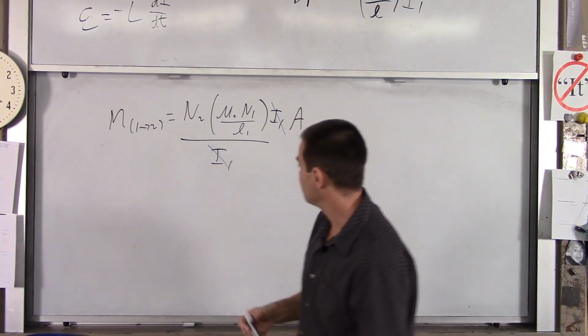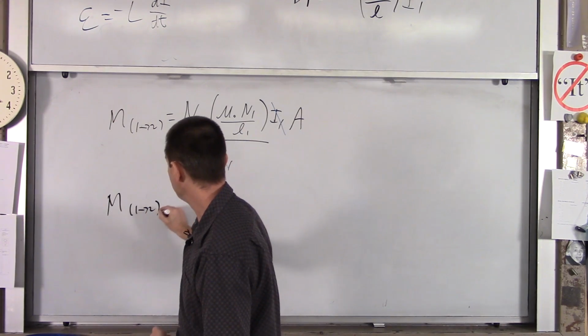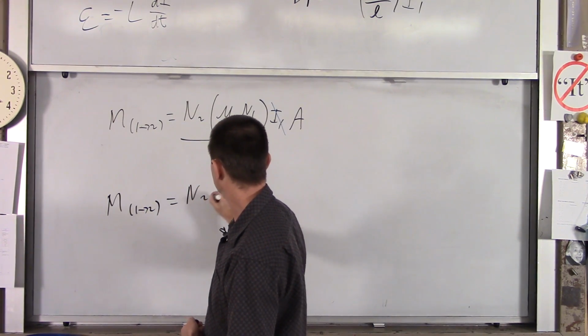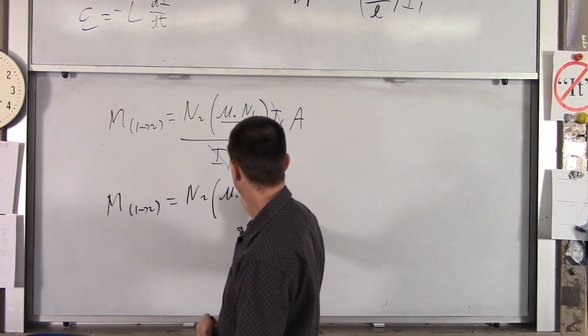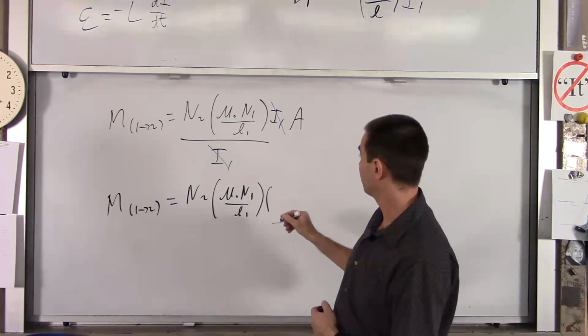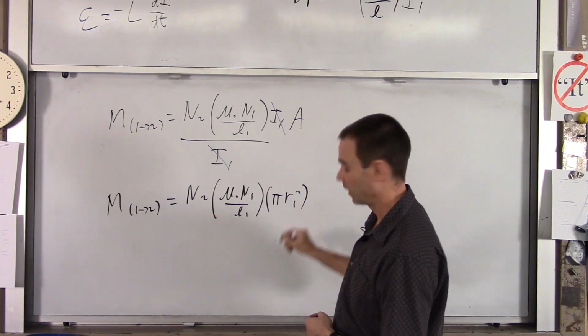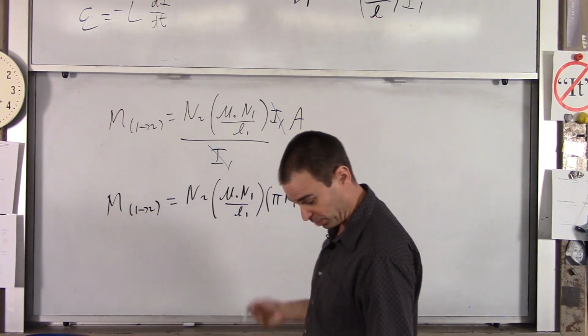So the mutual inductance of 1 going into 2 is N2 times mu naught N1 over L1 times the area of whichever one is smaller, which is pi R1 squared. And that's pretty much your answer.